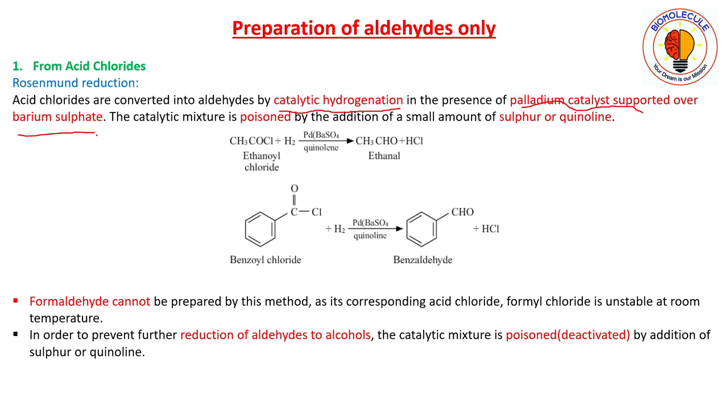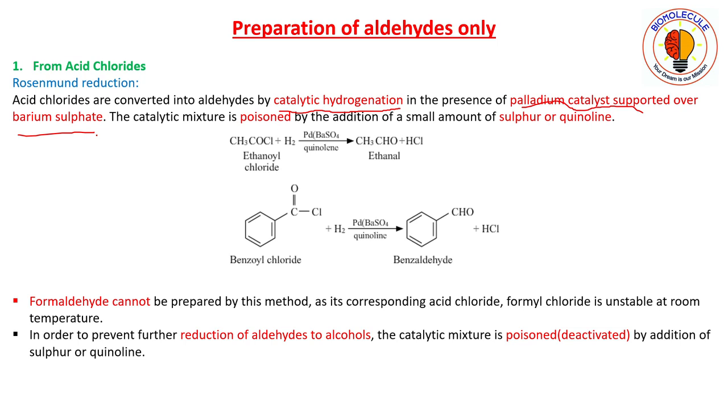This palladium catalyst is very fine powdered and it is a very costly catalyst. For two main reasons, supports are necessary. The palladium catalyst, a fine metal catalyst, would get adsorbed, not absorbed, over a surface.